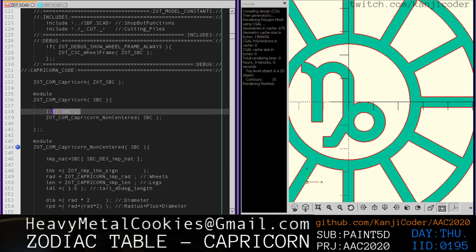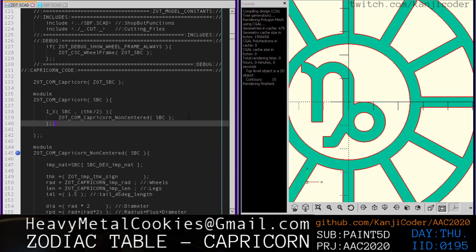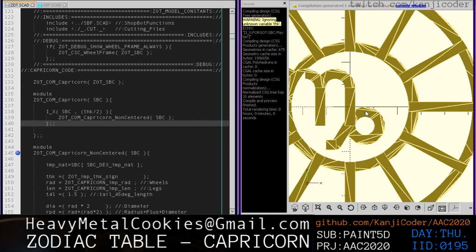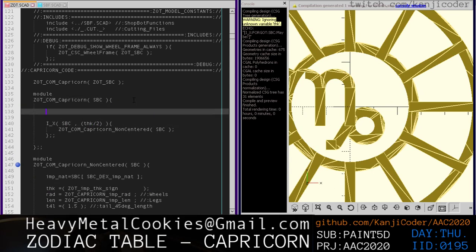So I'm thinking IX SBC, and just move it over by the thickness divided by 2, and see if that looks good enough, because then we have the most kind of happy coincidences with how everything has been lined up. So thickness does not exist, so we got to go grab that. So this is the variable for thickness, so we'll grab it, we'll put it over here.